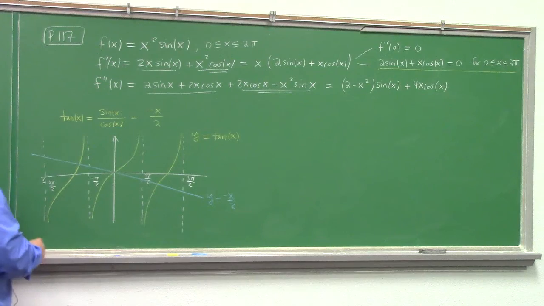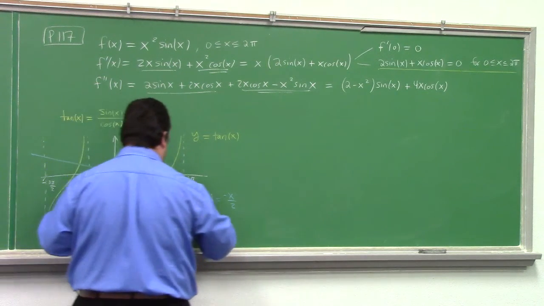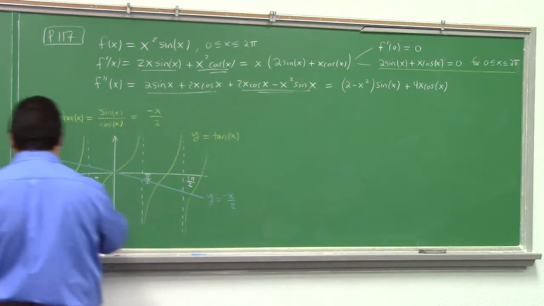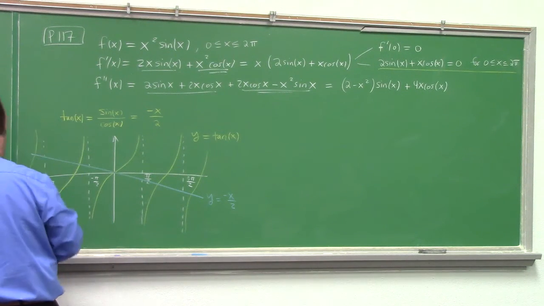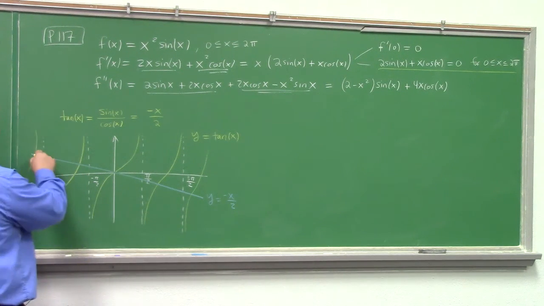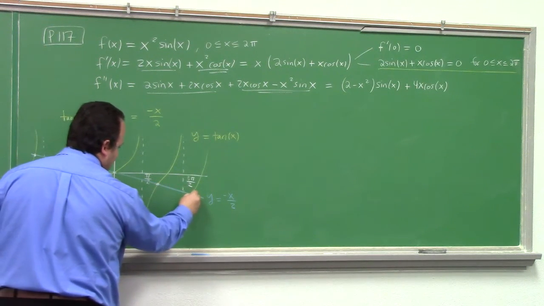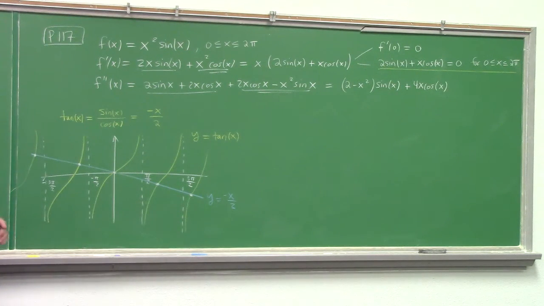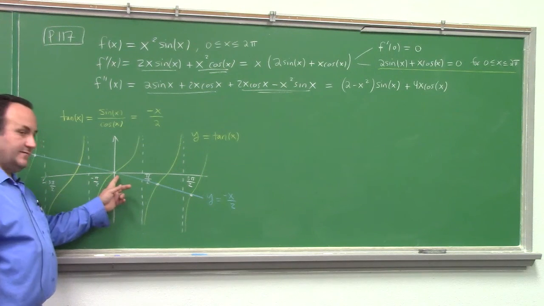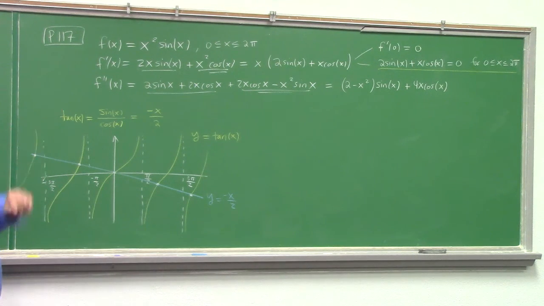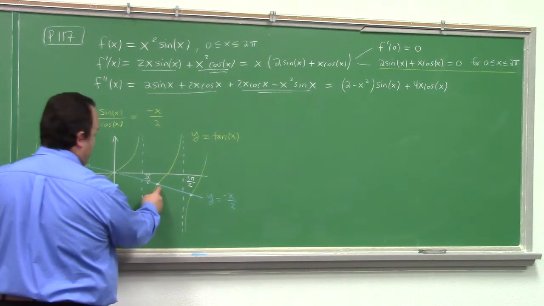So I expect, and of course there's another branch of tangent over here, it remains to be seen of these solution points which ones fall in the domain of consideration, namely 0 to 2 pi. So obviously 0, right? But we already got that one from the other piece. But definitely these two are going to fit in there.